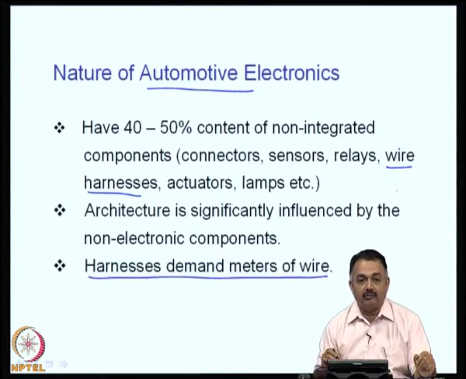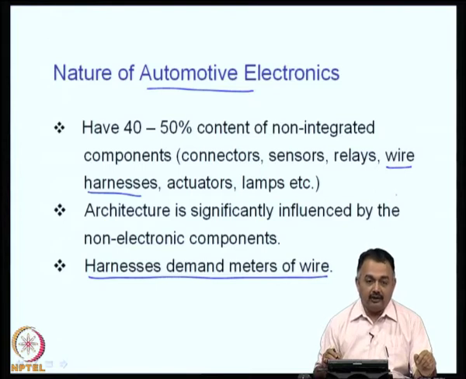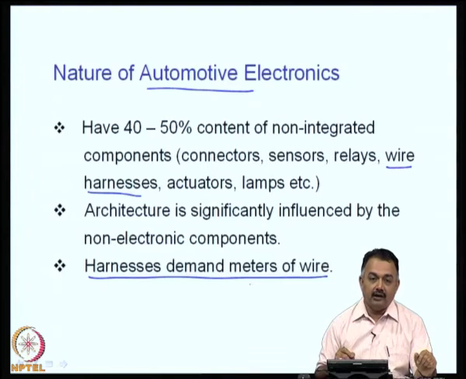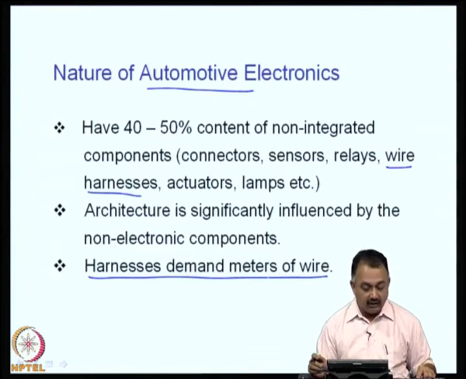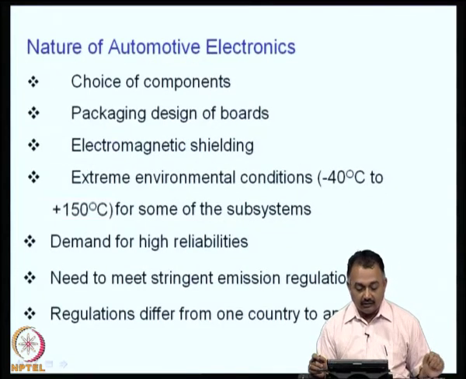In this case, the system is the automobile. So, you can expect a lot of wiring to take place, because right from under the hood to the end of the car, to the side of the car and inside the car, you have to do a lot of wiring and they have to be reliable. So, these are the conditions for automotive electronics.